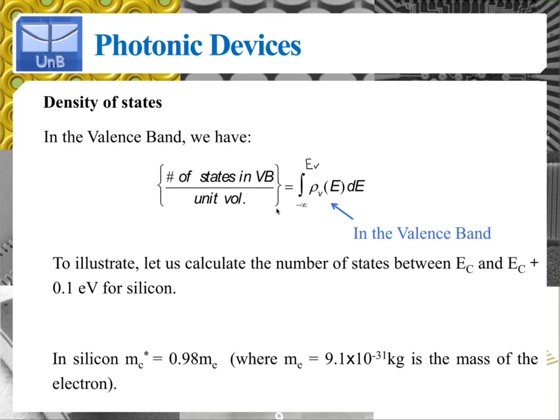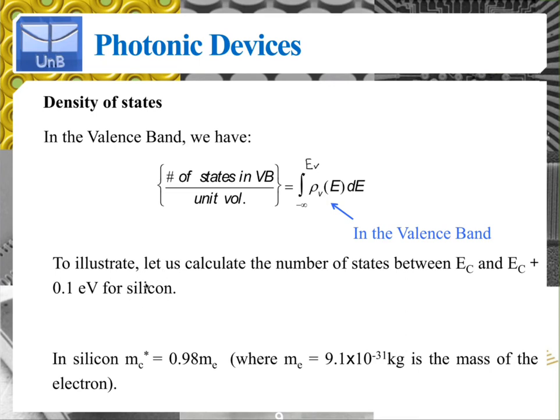So to illustrate this and calculate the number of states within a given range, let us calculate the number of states between the band edge for the conduction band and EC plus 0.1 electron volts, for a semiconductor, which is silicon.